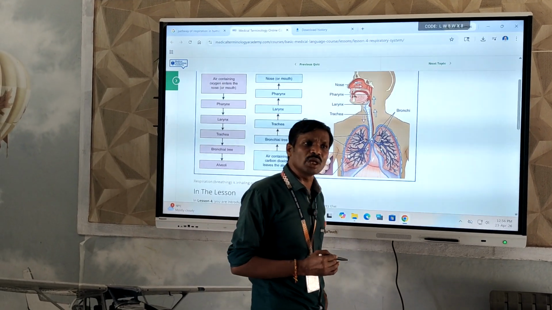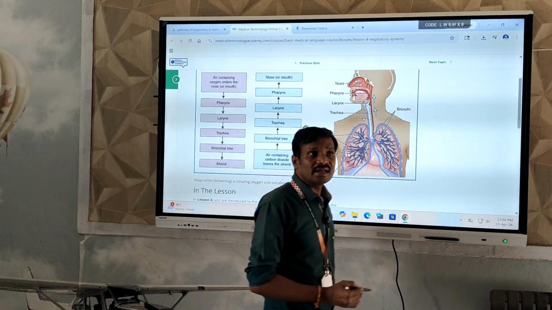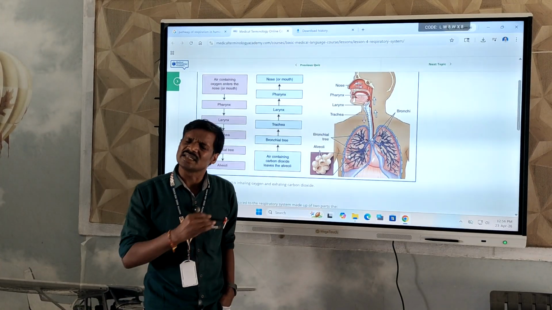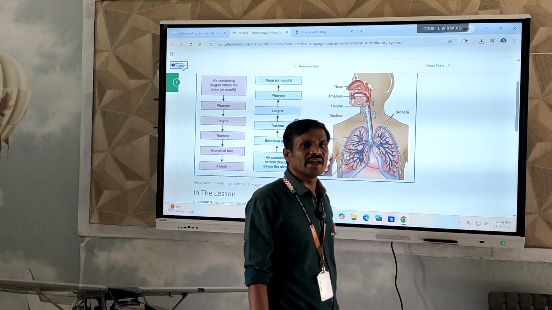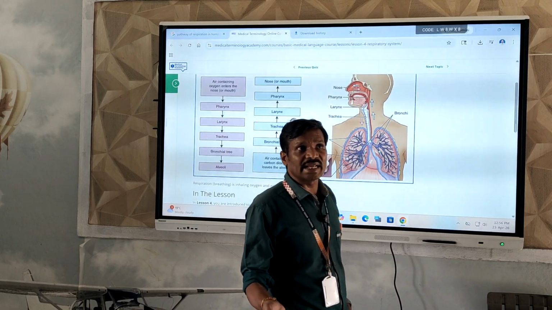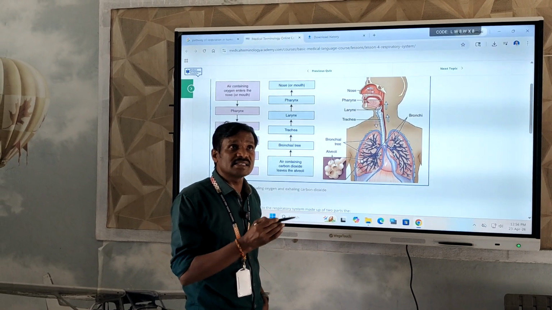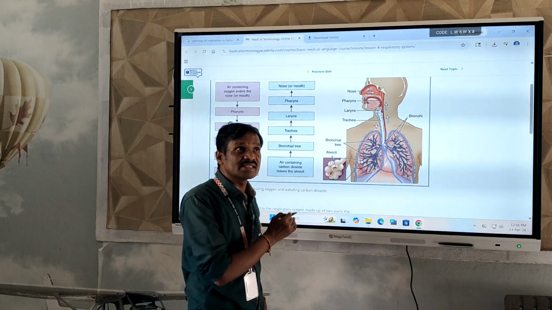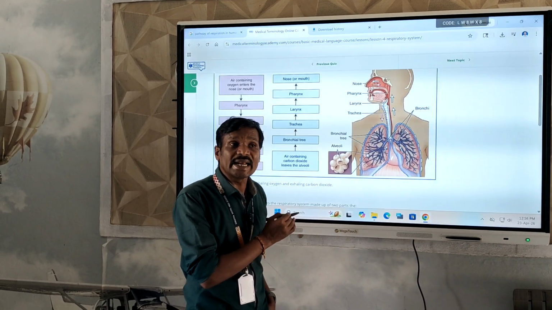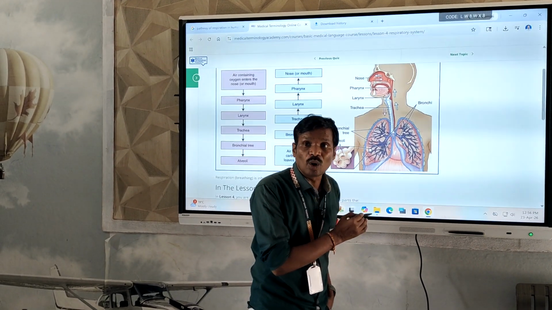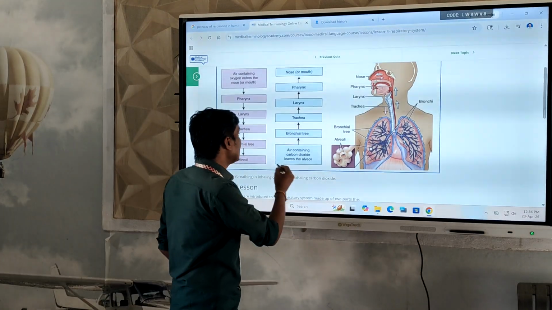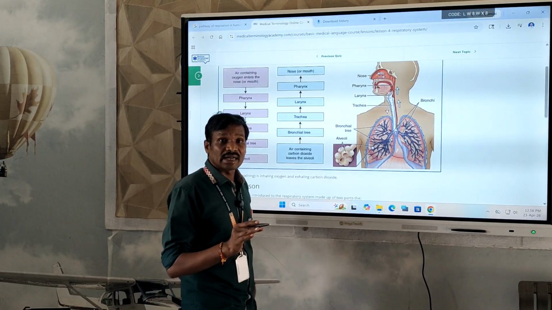How is it a catabolic reaction? When respiration takes place in every organism, at the cellular level ATP is broken down. What is ATP? ATP means adenosine triphosphate.